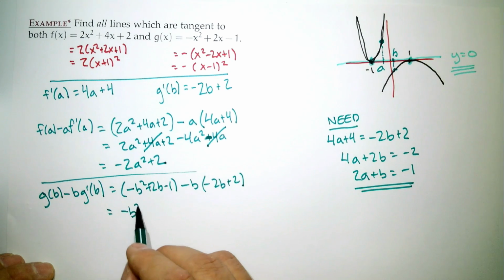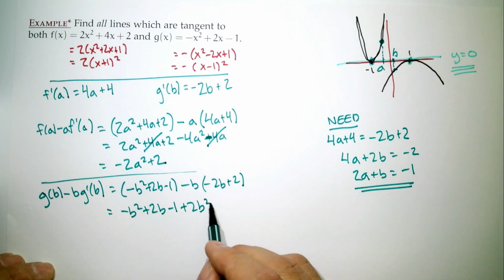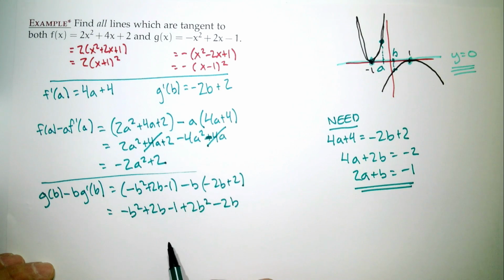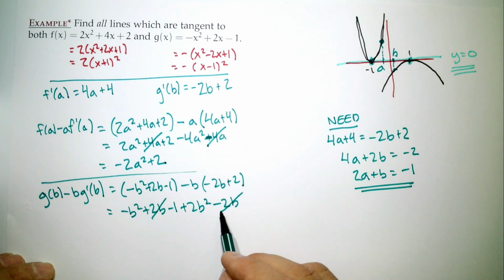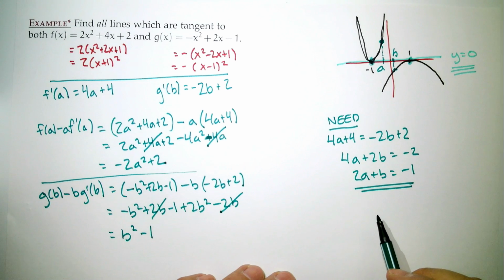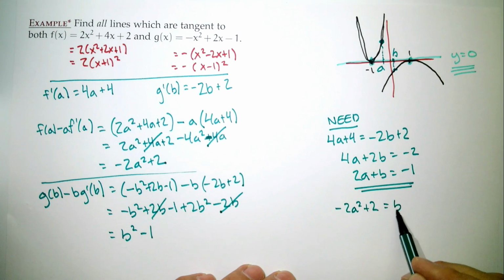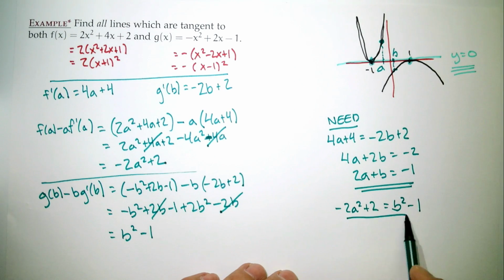And that's minus b squared plus 2b minus 1 plus 2b squared minus 2b. The 2b's cancel, so this becomes b squared minus 1. So the conclusion is that we also need to have minus 2a squared plus 2 had better be equal to b squared minus 1. So there's our second equation.